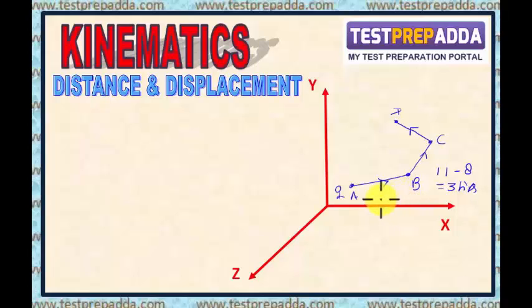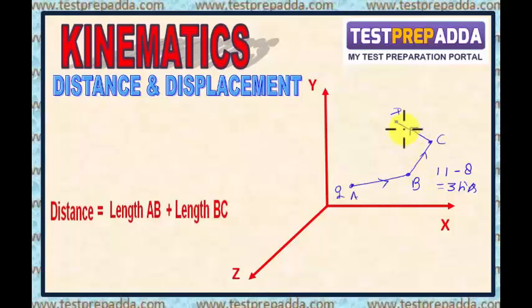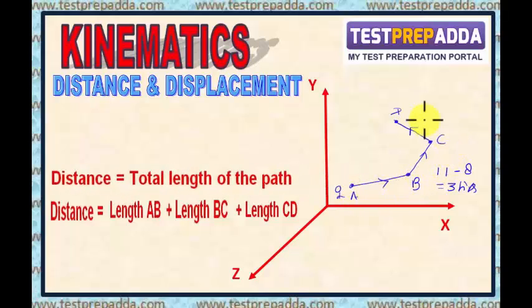So what is the length of the path you traveled in these 3 hours? That will be equal to length AB plus length BC plus length CD. This total length traveled by you is called distance during the time interval of 3 hours.